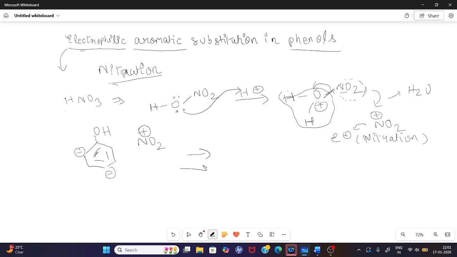That is why you get two products: one is the ortho product and the other is the para product. Now you might ask which one is the major one. I would like to mention that in most cases, the para one is the major product because of a phenomenon called steric hindrance.